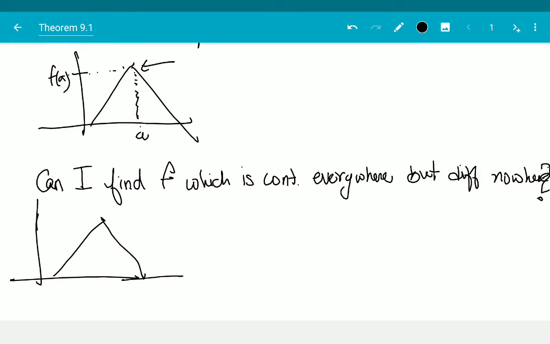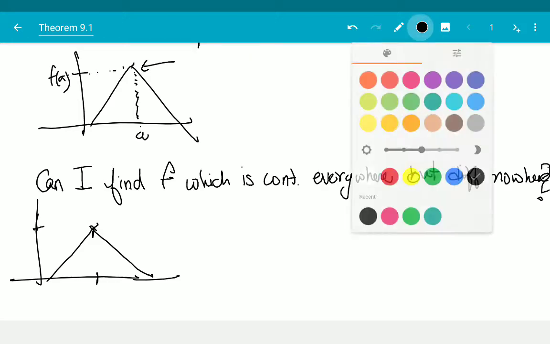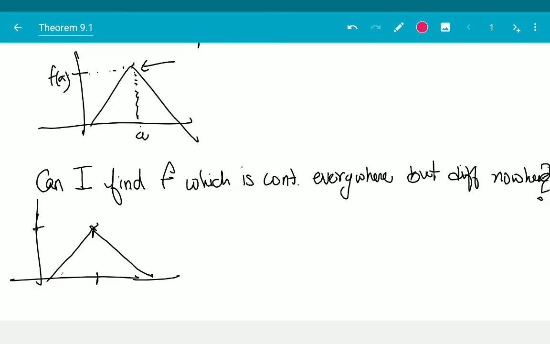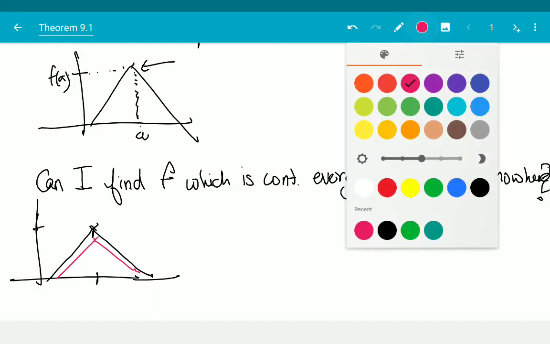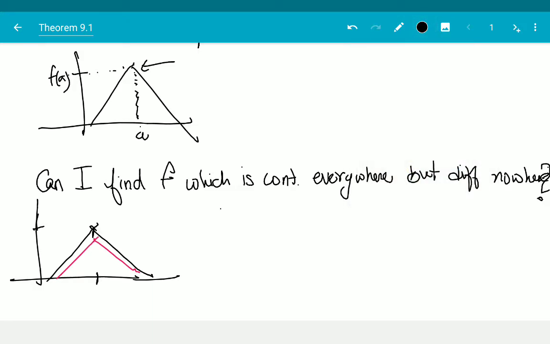First step, take your original function, which is continuous everywhere, but not differentiable at this one point a, right? Now, my function still is continuous and also differentiable on this line as well as this line. I want to make sure it is not differentiable on those points either.